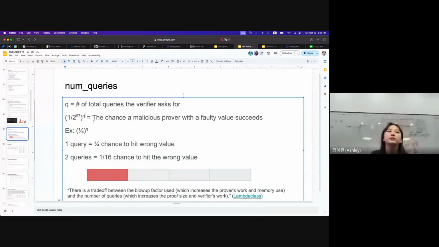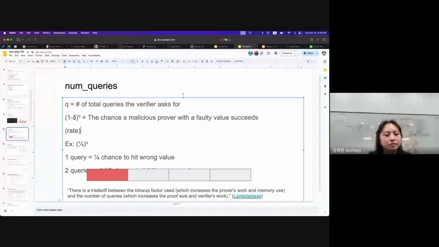So in the entire codewords, there can be a delta fraction invalid. So you need to use this expression: 1 minus delta to the q. Not 1 over 2 to the 97, it should be changed to 1 minus delta.